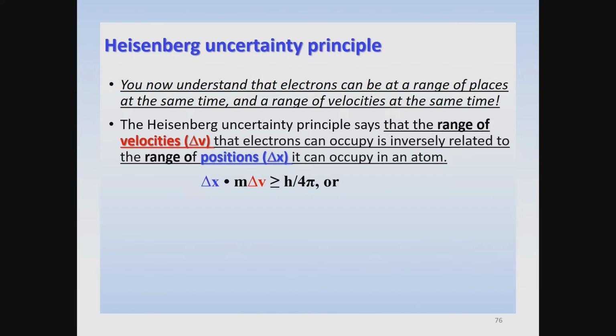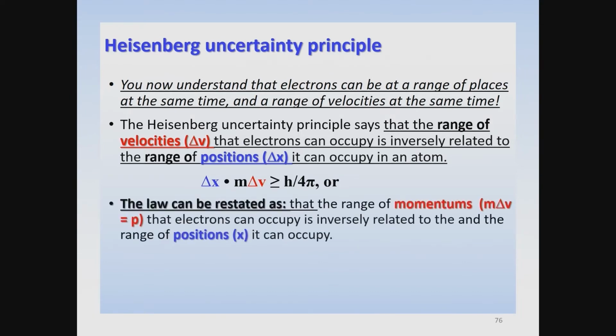And again, the reason why that happens is just to make sure that the total range of velocities times the range of positions times mass is going to be above a certain constant. Another way you can restate this equation, and which is often spoken of this way, is, one of the things you'll learn in physics is if you take the mass of an object times its velocity, it's called momentum.